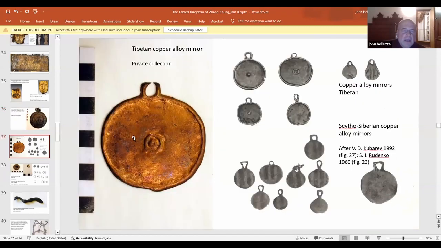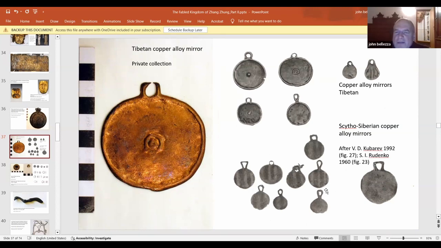Now, again, none of this exists in isolation. This is a slide I took from an earlier talk I had given at Berkeley some years ago. We can see these copper alloy mirrors, Tibetan, and then copper alloy mirrors of the Scytho-Siberian culture. These date from the seventh to the third century BC.